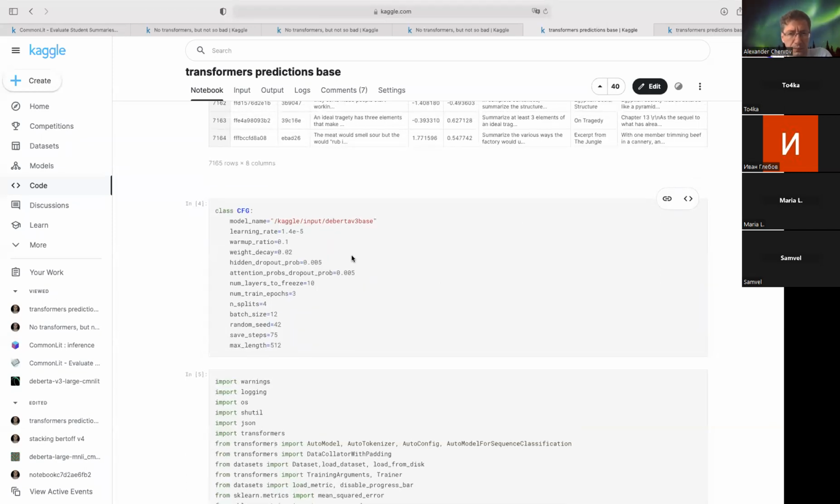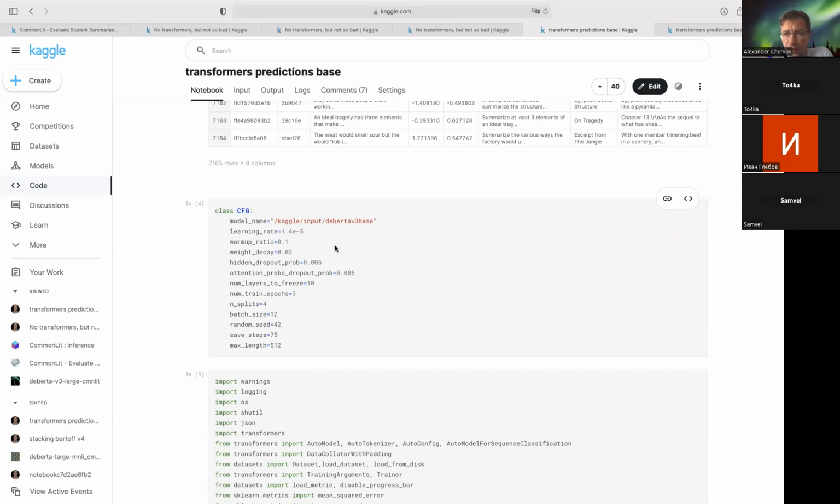The best published notebook has a score of 0.482, and my solution is 0.485. The best solution is about 0.44, and I know that if you train bigger models in an accurate manner, you will get better results.